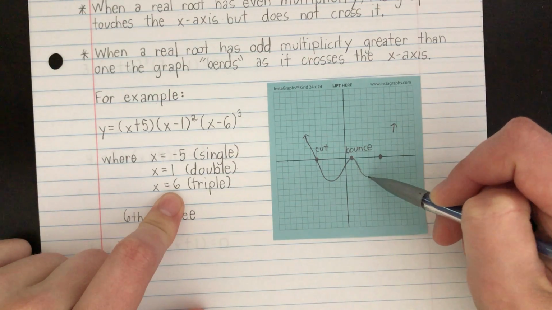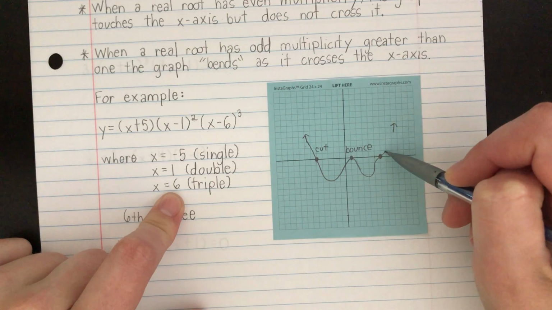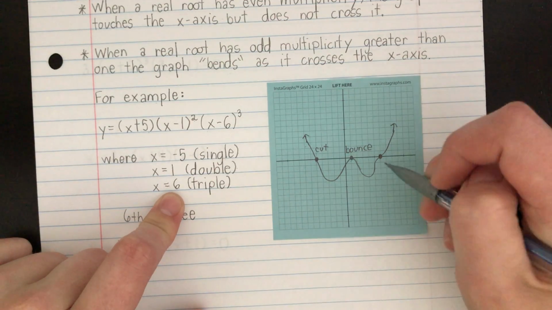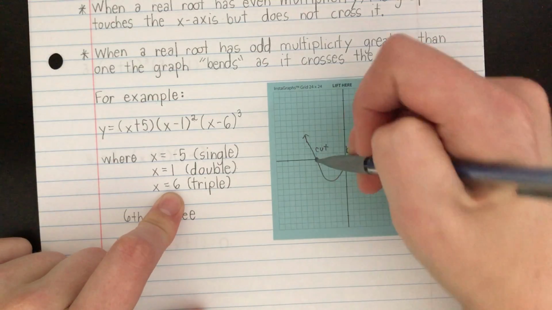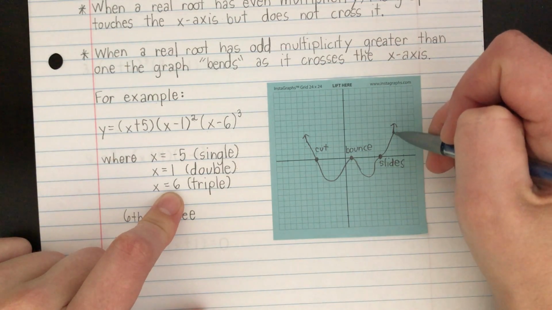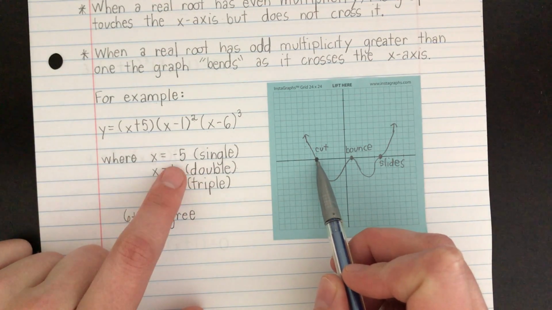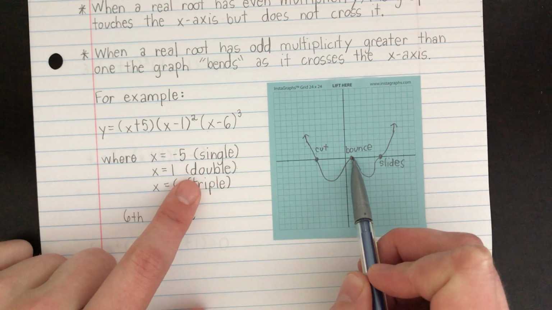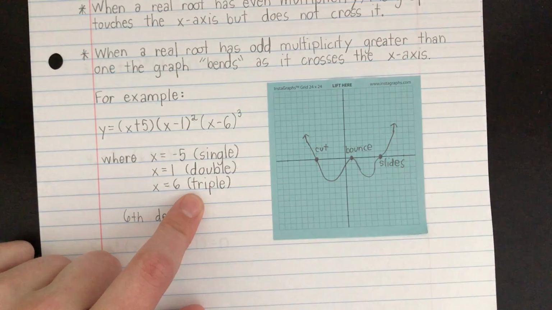So when I go through this intercept there, we call it a slide. Notice it's not the same as a cut. A cut goes straight through, but a slide kind of takes its time as it goes through the x-axis. All right, so basically what you need to know: a cut for a single, a bounce for a double root, and a slide for a triple root.